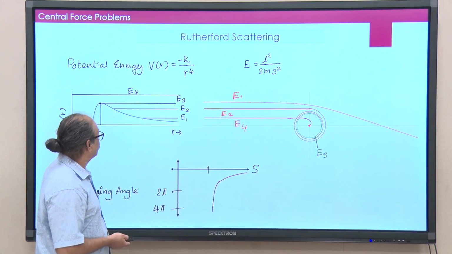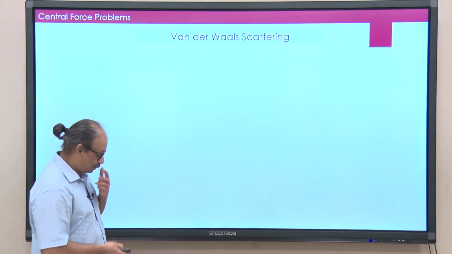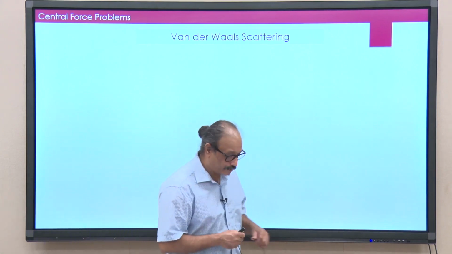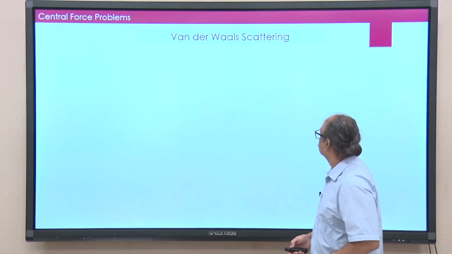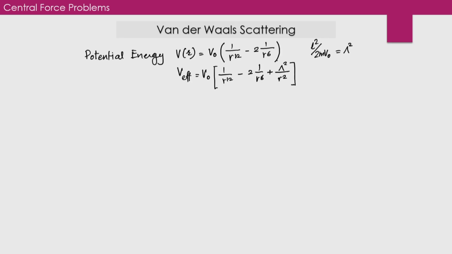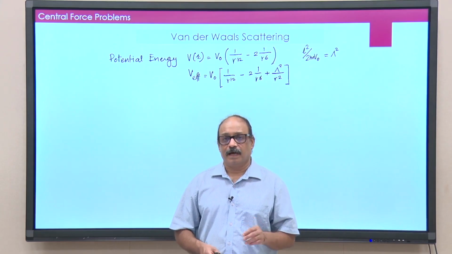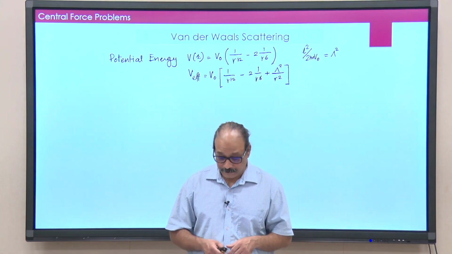One more example, and these are more common ones, say something like van der Waals scattering. In this case, there are several models of the potential. I will just pick one model of it. Okay.